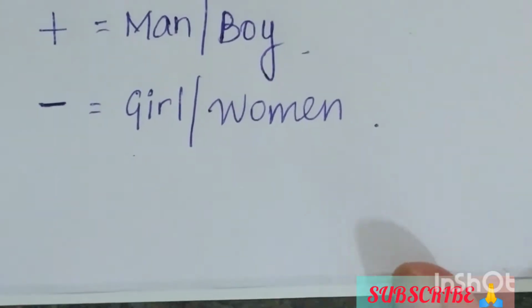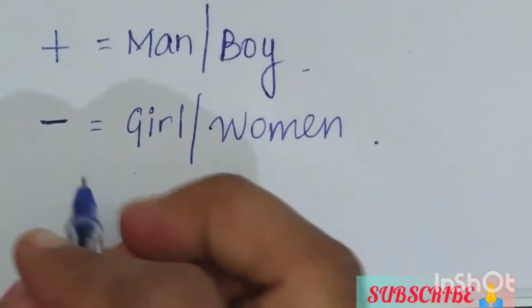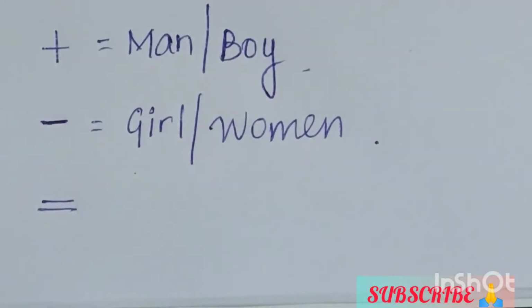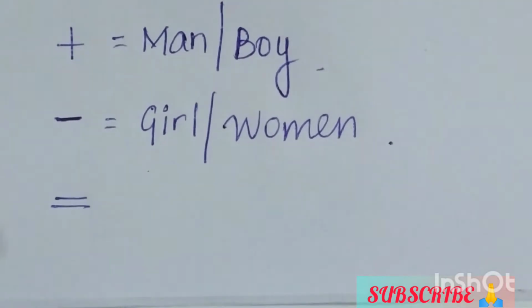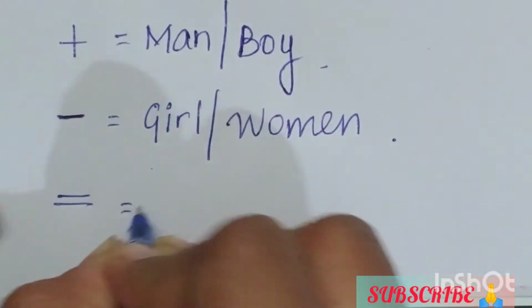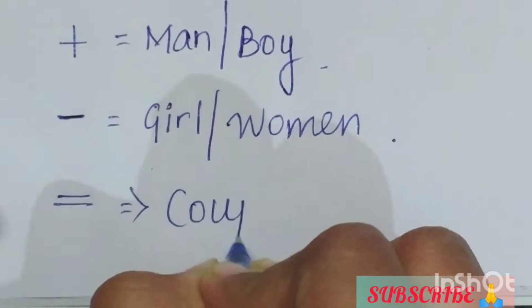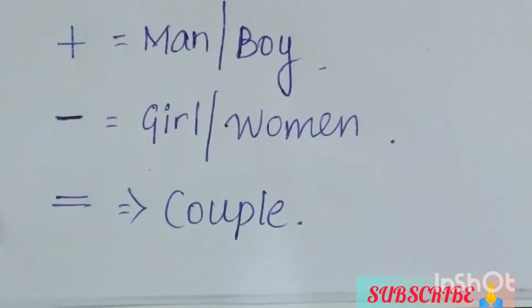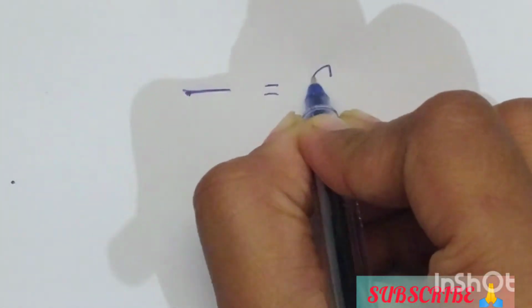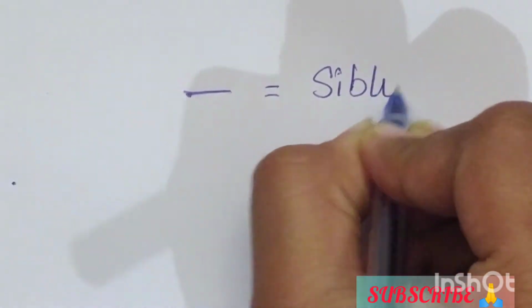Then when we take couples, we can represent it in this symbol. This is the representation for couple. Then siblings, brothers, sisters, we can represent with a single line.